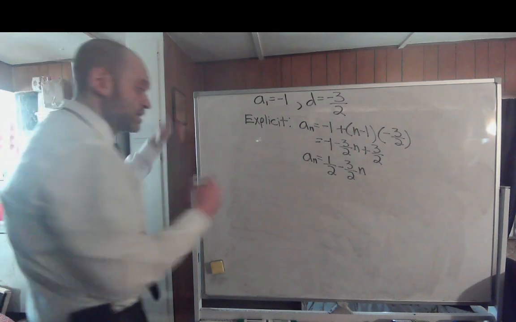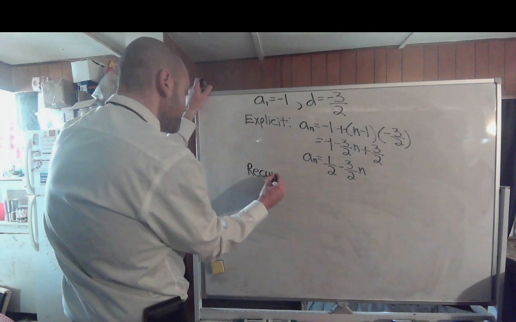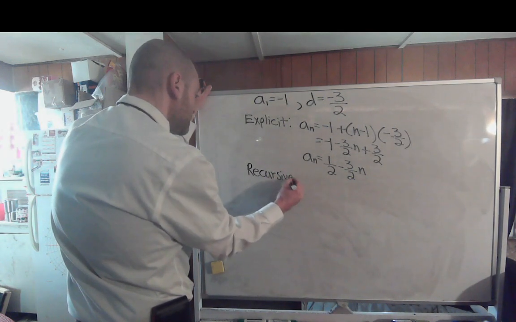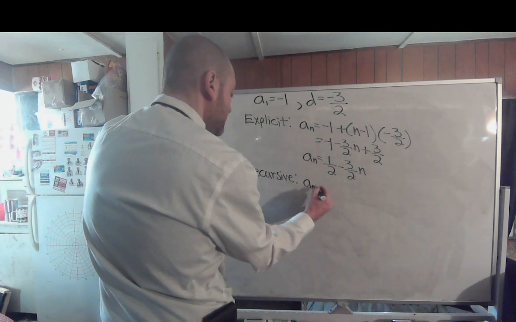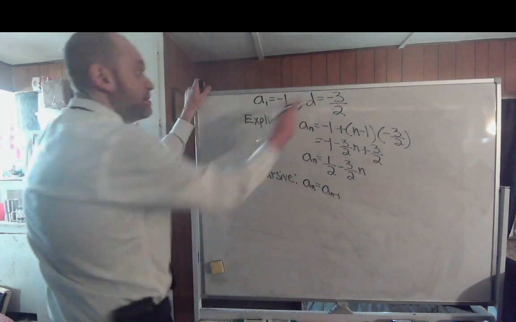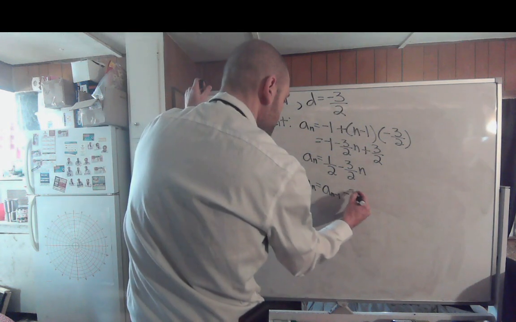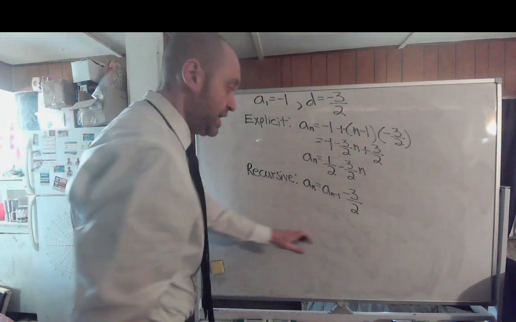Now let's find the recursive, which will be much easier to work with. The recursive is just going to be a sub n equals your previous term, a sub n minus 1, plus that common difference of negative 3/2, which in this case would be a sub n minus 1 minus 3/2.